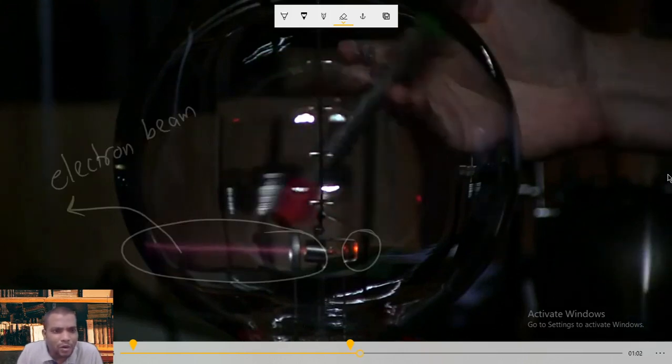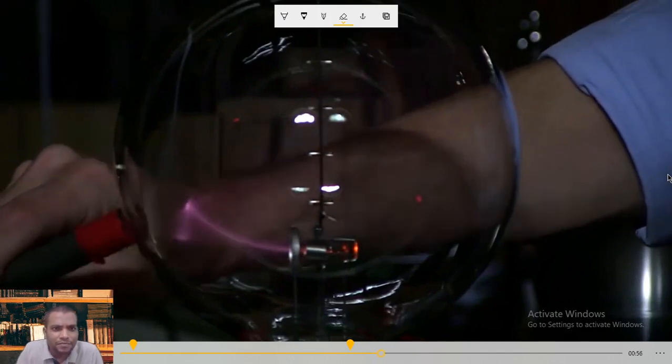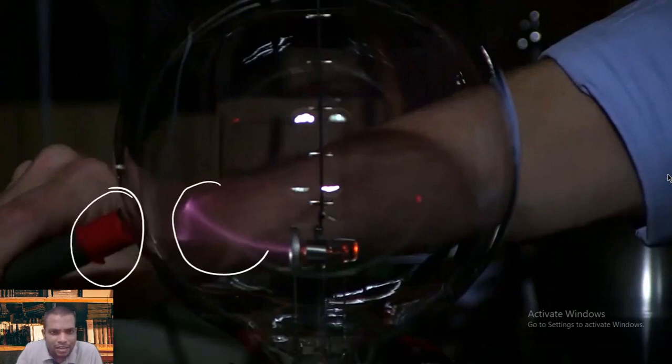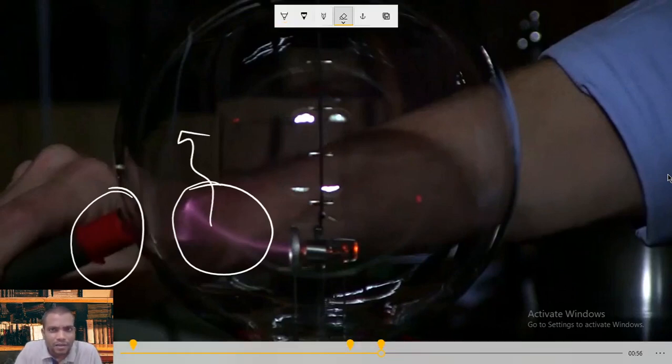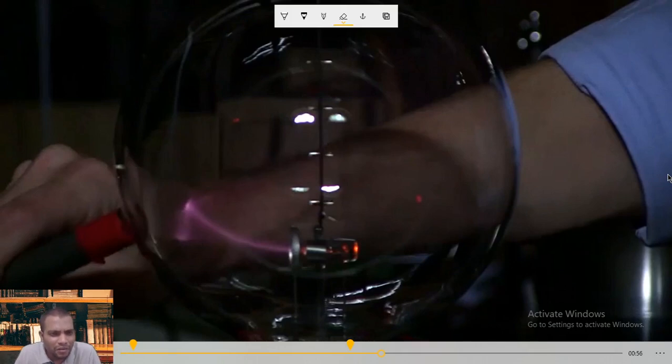A uniform magnetic field is not applied here. The magnetic field is interacting with the electrons and their path is disturbed. This happens when a non-uniform magnetic field is applied, because this magnet is close to the electron beam.